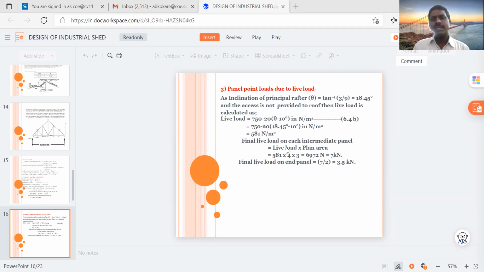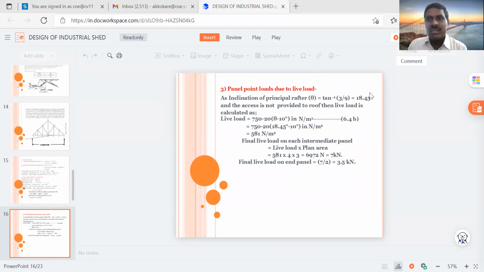So now how to calculate live load? We have seen in the theoretical part how to calculate live load. For the calculation of live load, two things are required. Initially we require the slope of the truss. So the slope of the truss is 18.45, which we have calculated.